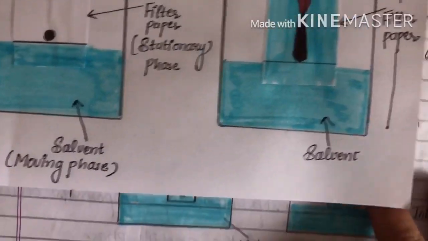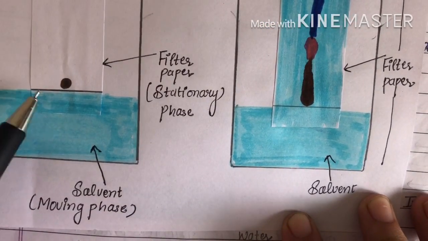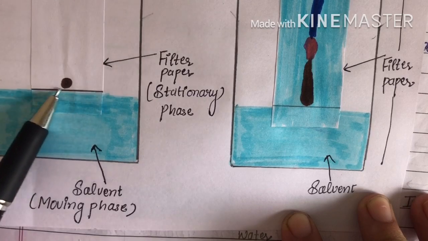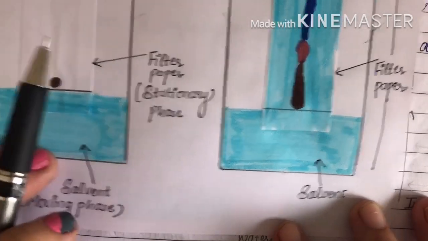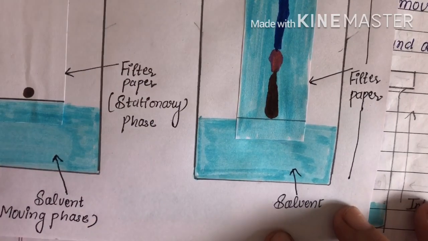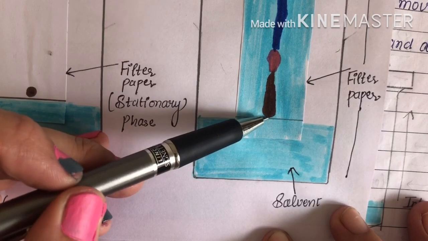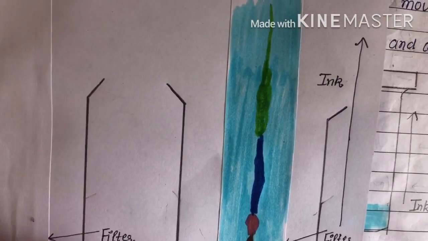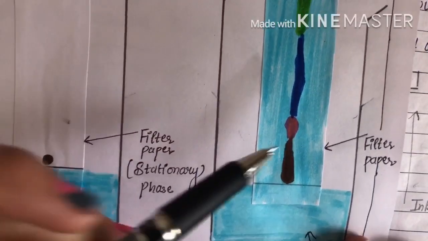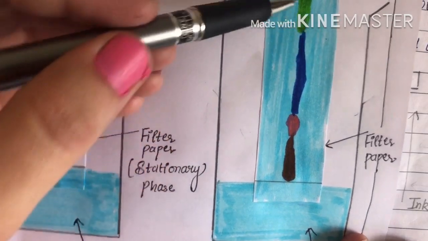Here you can see, we have to dip a filter paper in a solvent and the line is above. After some time, what will happen? The drop, which is a mixture of various components, rises with the solvent. Here you can see the different colored components.